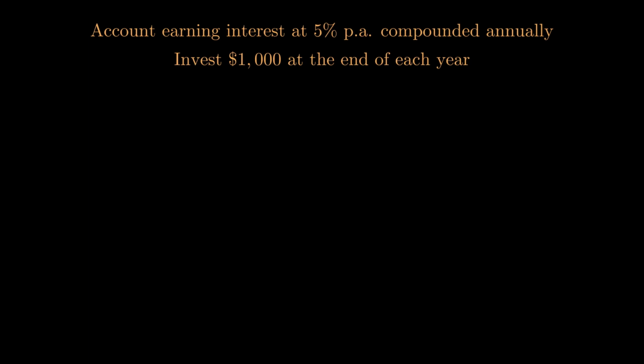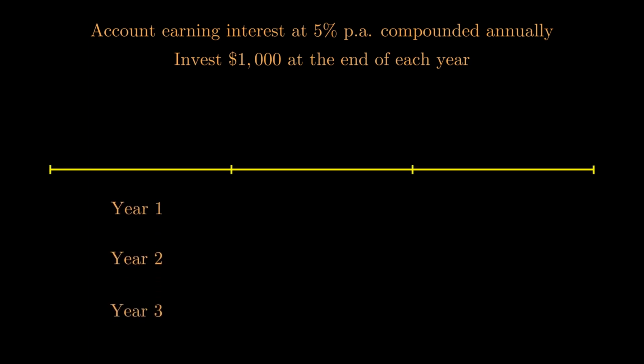So suppose we have a timeline here where we are just going to track the first 3 years of this situation. In the first year, we have no money in our account because we haven't put anything in yet. Note we're only putting in each $1,000 at the end of each year. Might seem a bit weird, but that's how these things are often tracked for us.